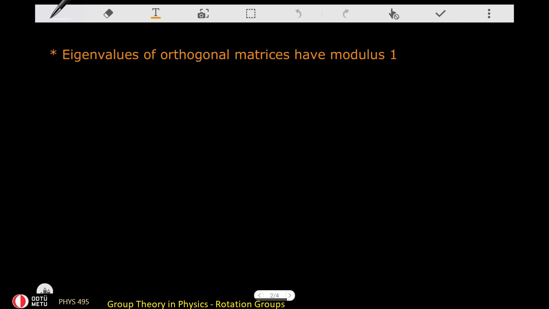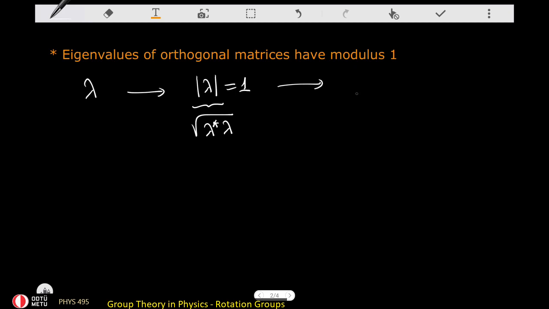First, we have to realize that the eigenvalues of orthogonal matrices have modulus 1. So if lambda is an eigenvalue, its absolute value is equal to 1. Just remember that this is the modulus, which is essentially the square root of the complex conjugate of lambda multiplied with lambda.